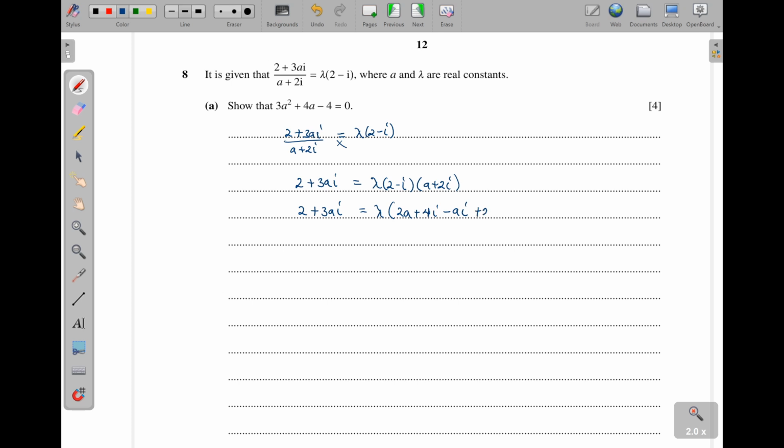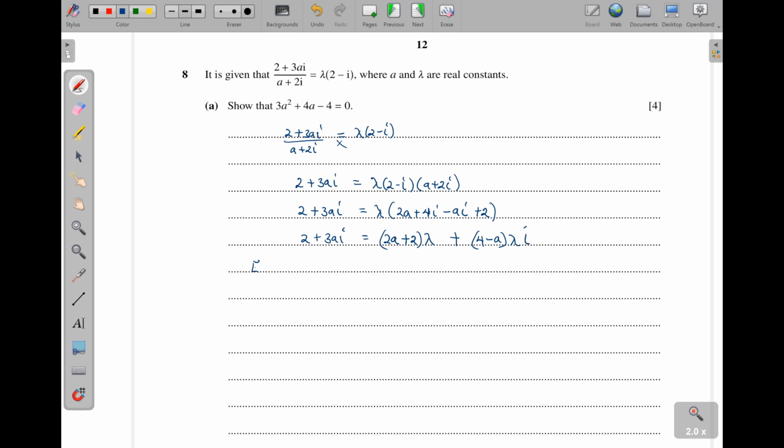So we shall have a positive 2 here. Now, opening the brackets again, so this is 2 plus 3ai. I can separate the real from the imaginary ones. So this is 2a, then plus 2. We shall have 2a plus 2, multiplied with lambda, and then the imaginary part here is 4 minus a, times lambda, and then there is i.